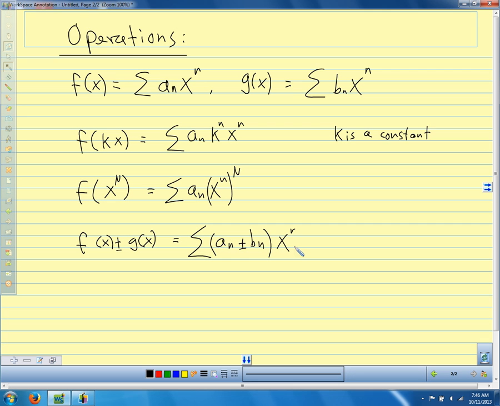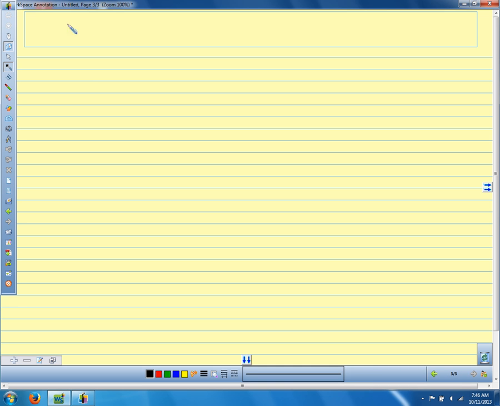Now, one of the more useful kinds of power series that we can generate are geometric power series. And these are very nice to work with. Why would we want to work with geometric power series? What are desirable things about geometric power series?